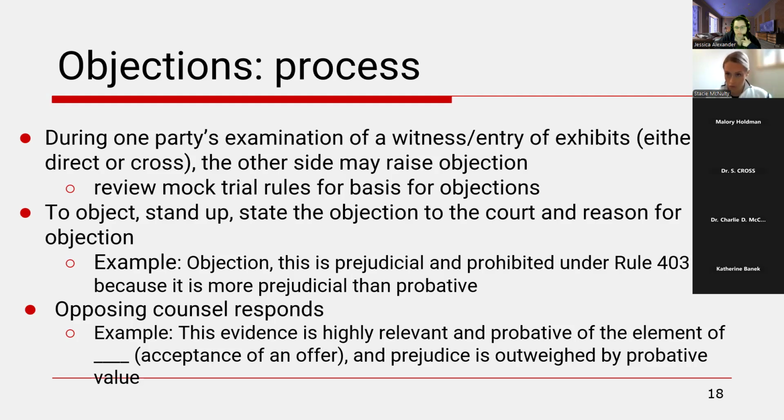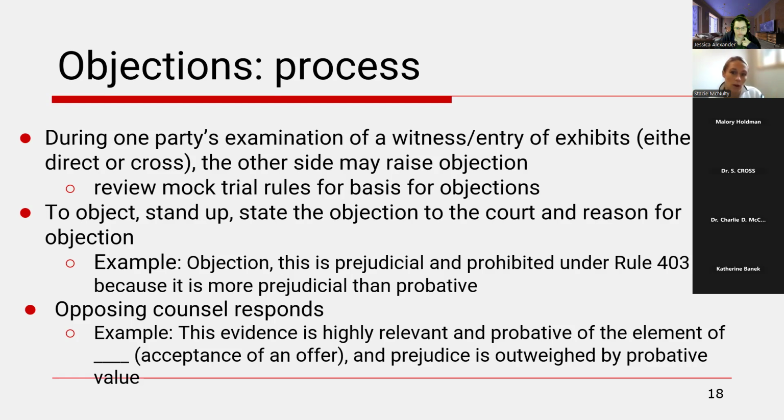So the objecting attorney says their objection to the court. The opposing counsel, you wait. The judge will look to you to respond, and then you're going to respond to what they said. So I'm going through Rule 403. Don't worry about the substance of this, but I would say, hey, Your Honor, this evidence is highly relevant and it's probative of the element of blah, blah, blah.